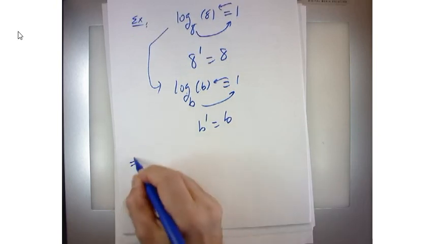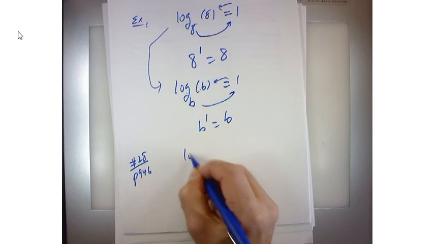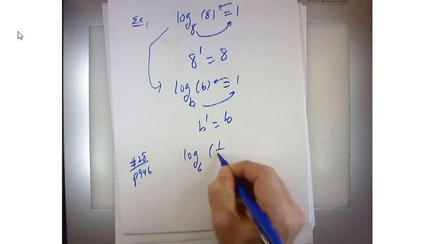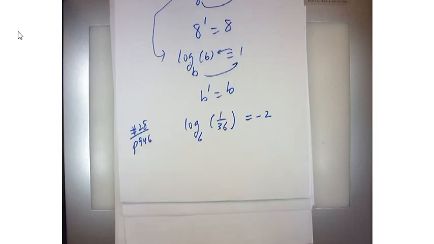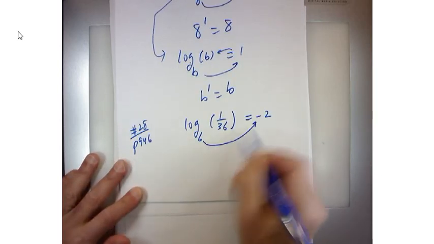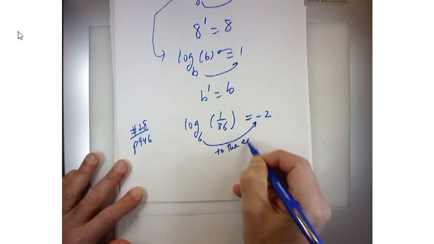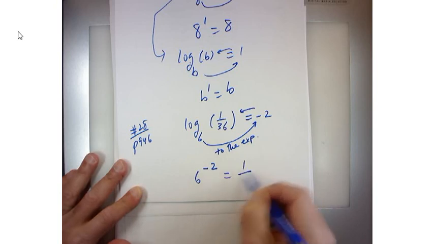Number 28, page 946. If you're given log base 6 of 1 over 36 equals negative 2, all they're asking here is to write it in exponential form. So you start at 6 to the exponent negative 2 equals 1 over 36.